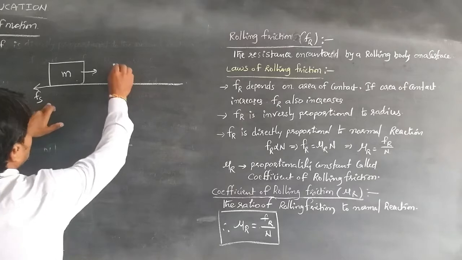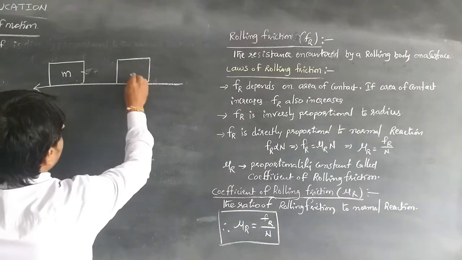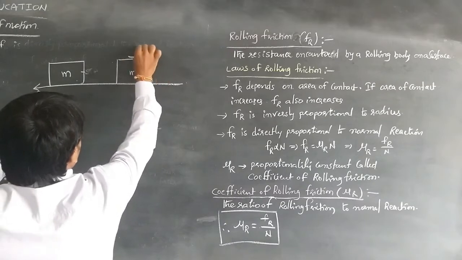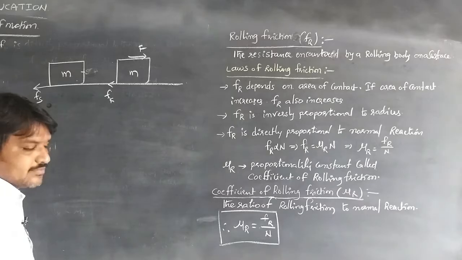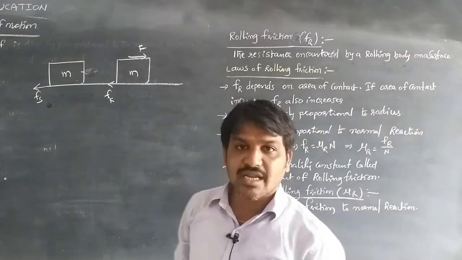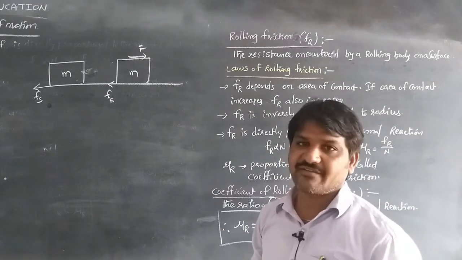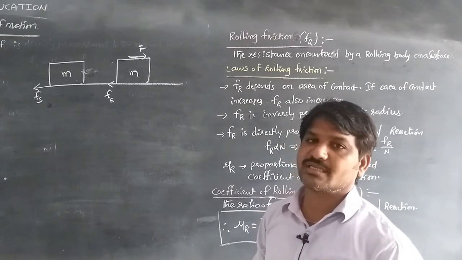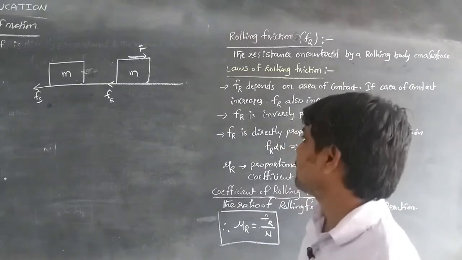And if that body is in motion, then the kinetic friction also acts in this direction. But both are independent of the area of contact. Static friction and kinetic friction in this case are both independent of area of contact.